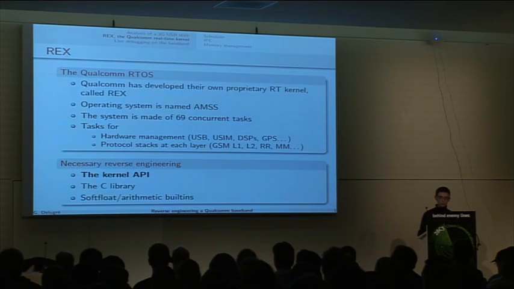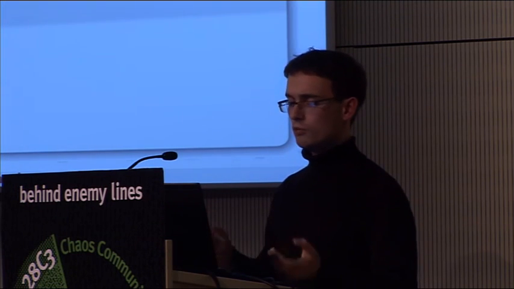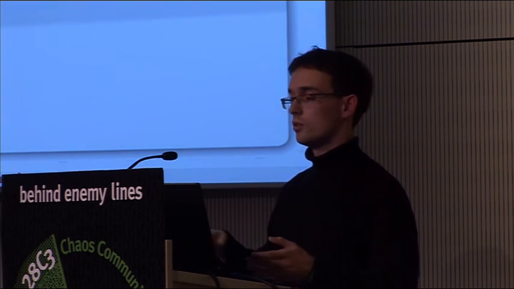In fact, it's a tiny kernel, but the biggest part of the operating system is the network stacks, which are very, very massive. But if you want to reverse some tasks randomly, for example, I want to reverse GSM L1, you'll need to know what the API exported by the kernel is, so you have a minimum understanding of what the code is doing.